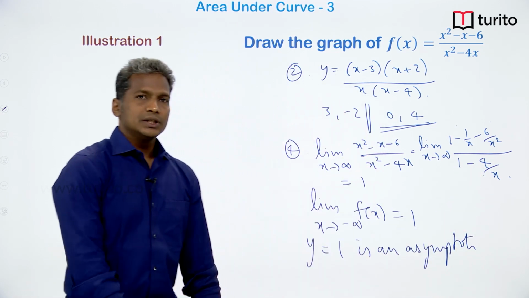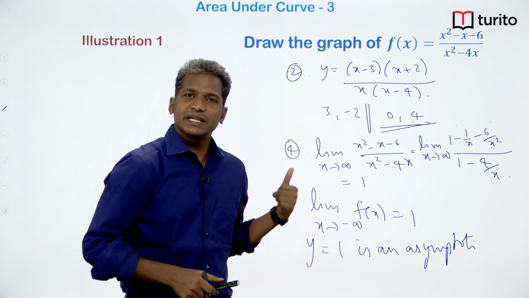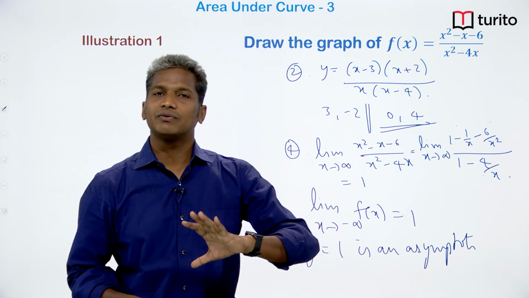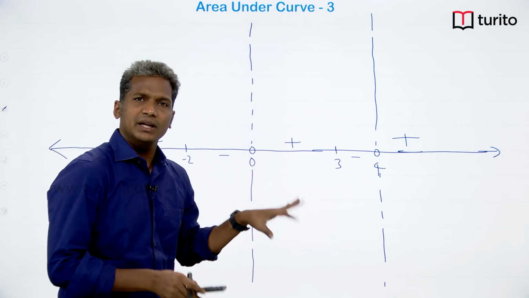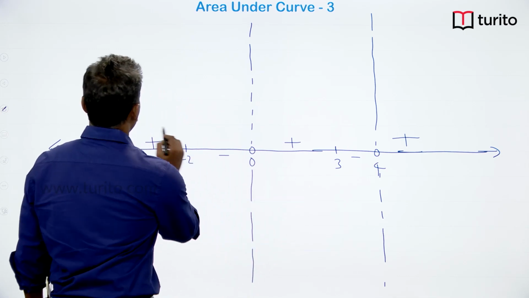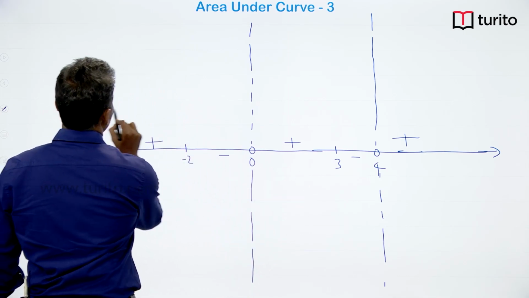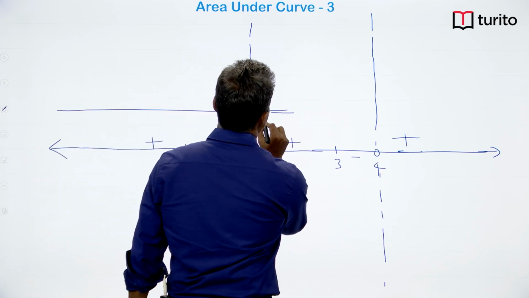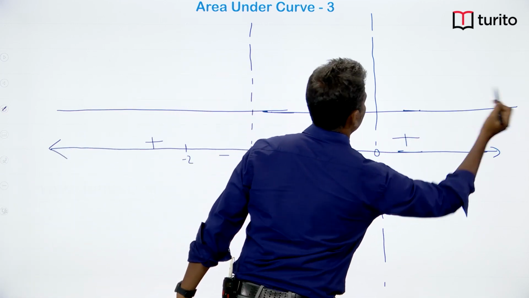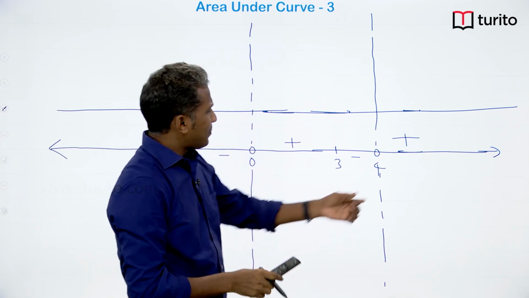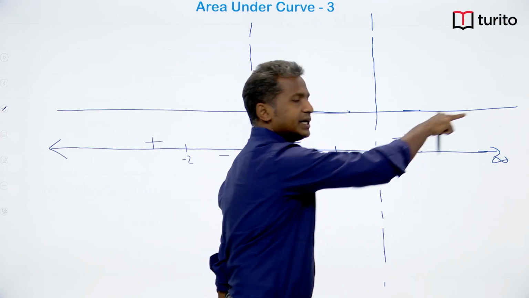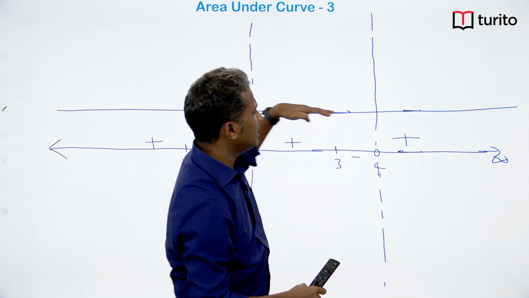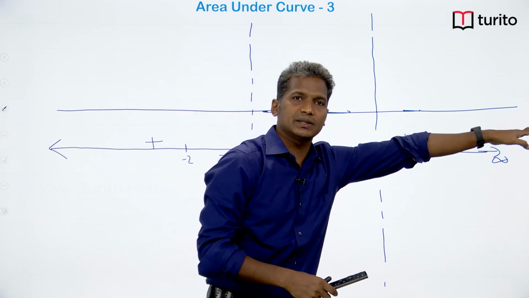Okay. So because a horizontal asymptote exists, a slant asymptote will not exist. Now coming to this, what does this mean? I am just drawing the line y equal to 1 here. This is my y equal to 1 line. So as x tends to infinity, the value will tend to this asymptote.